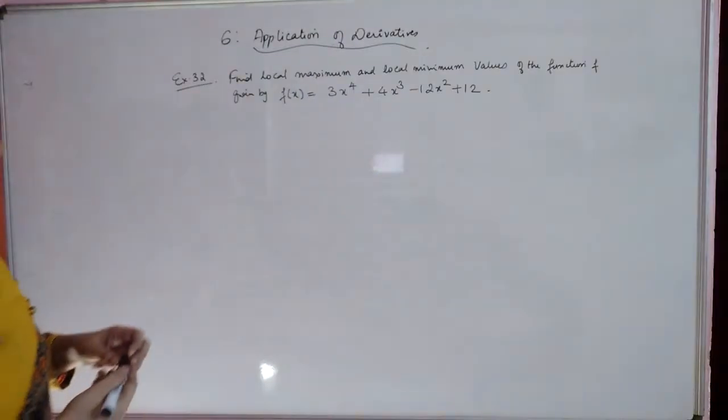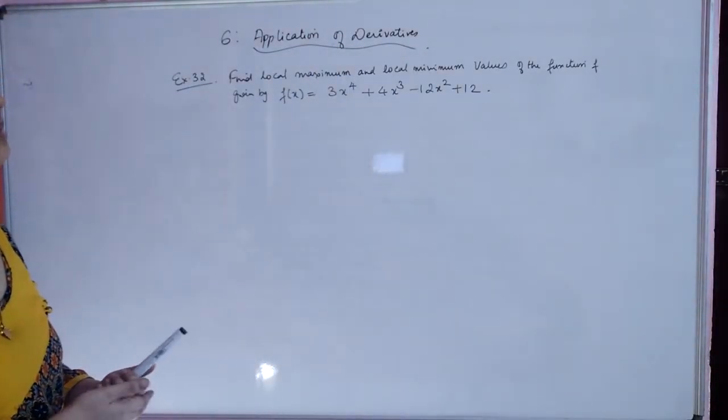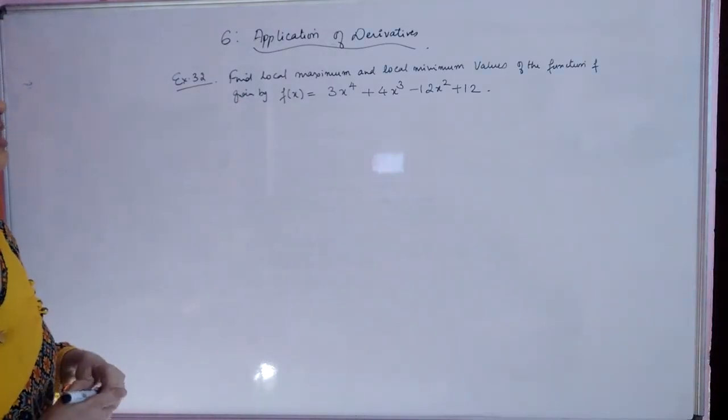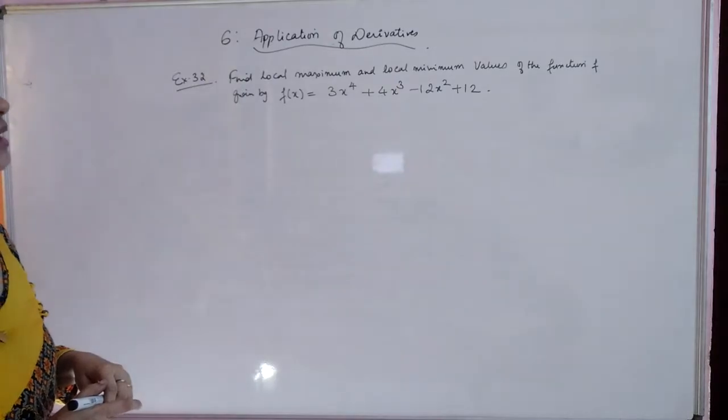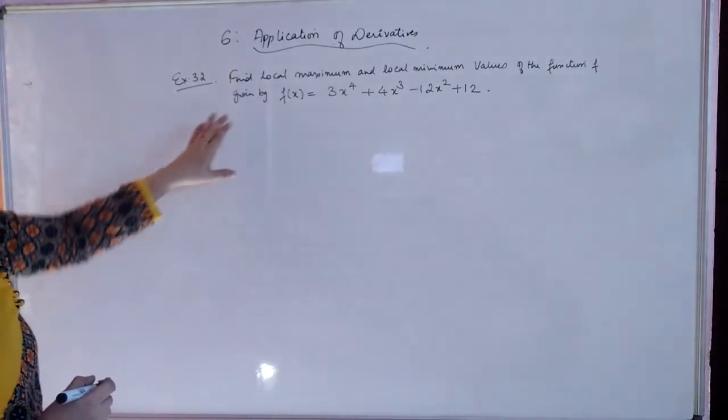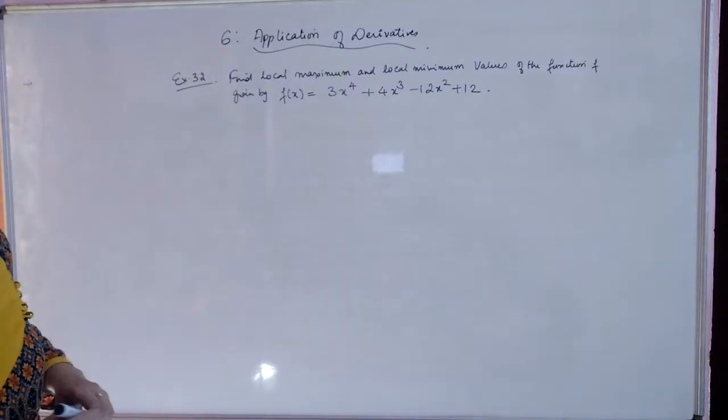Find the local maximum and local minimum values of the function given by f of x equal to 3x raised to 4 plus 4x cube minus 12x square plus 12. First we have to differentiate the given function.